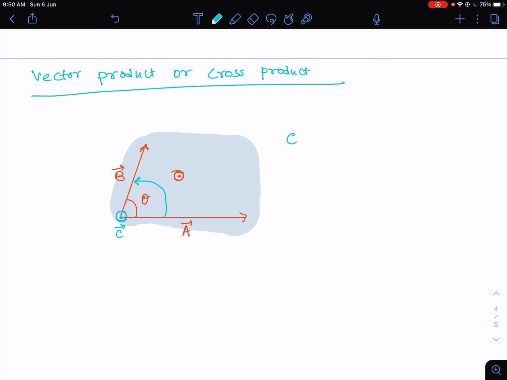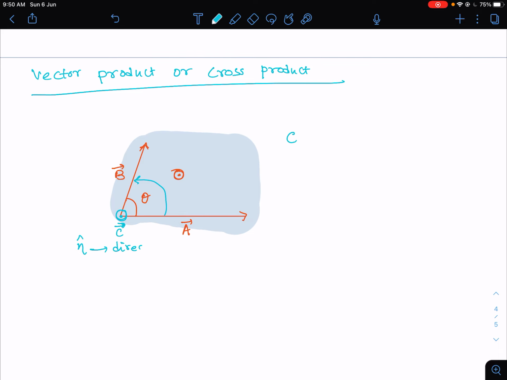Now let's define a unit vector eta in the direction of that resultant vector C, which is outward from the plane of the board.